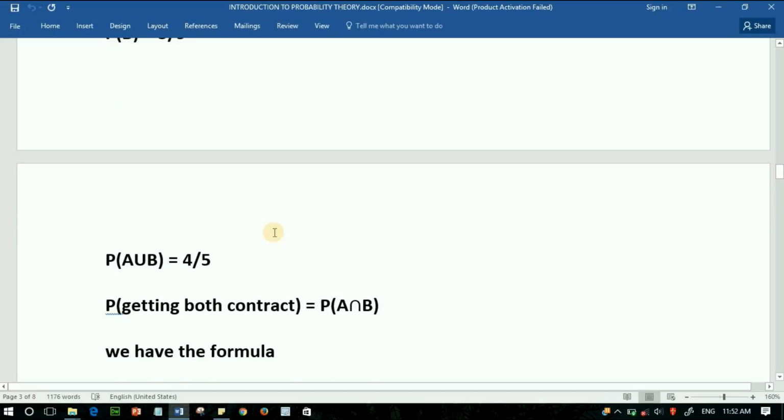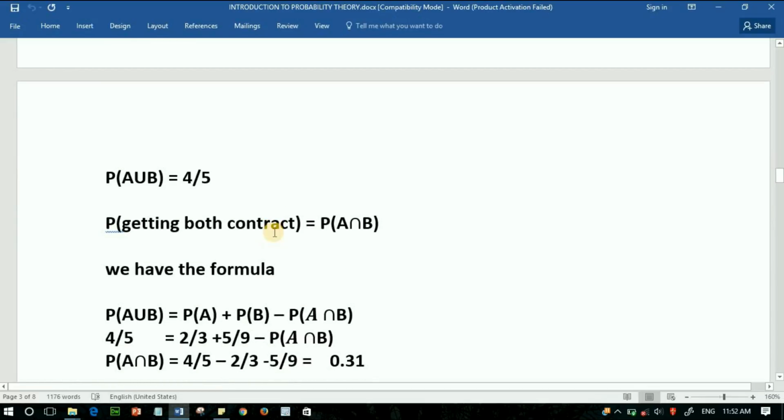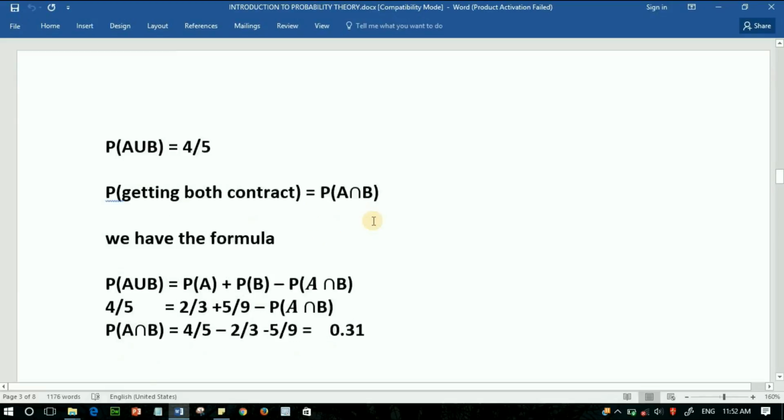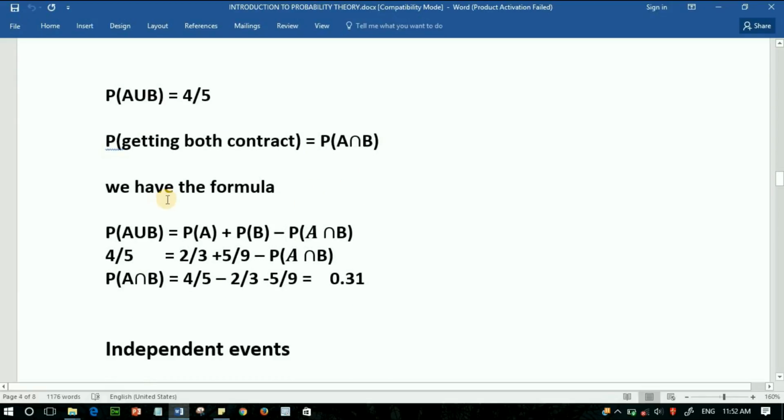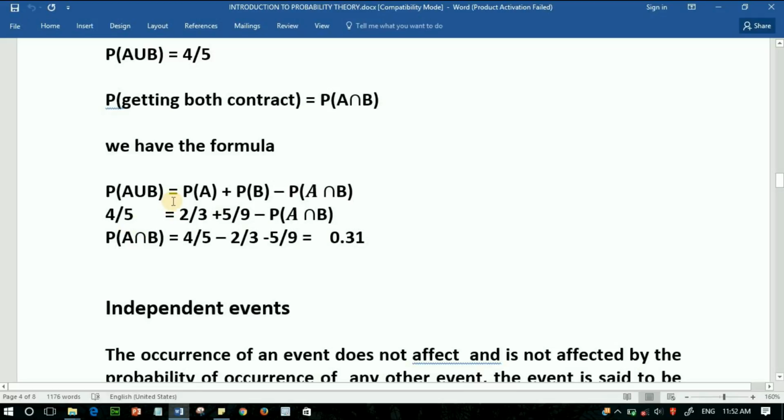Already we discussed the formula: the probability of getting both the contracts is probability of A intersection B. For finding probability of A intersection B, we can use the addition theorem of not mutually exclusive events, because we want to find out the probability of A intersection B. So the probability of A union B is equal to P of A plus P of B minus probability of A intersection B. Here P of A union B is given, P of A is given, P of B is given, probability of A intersection B is not given.